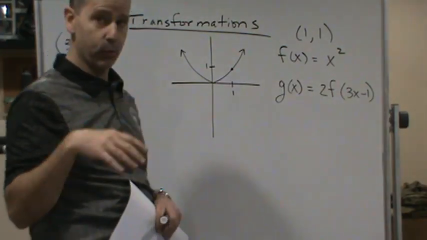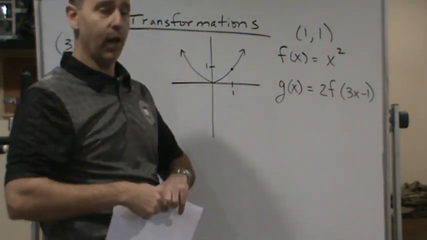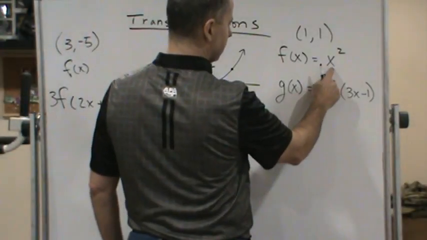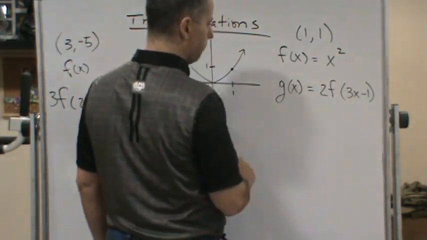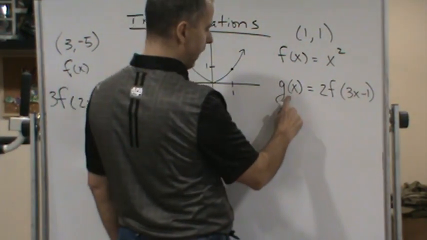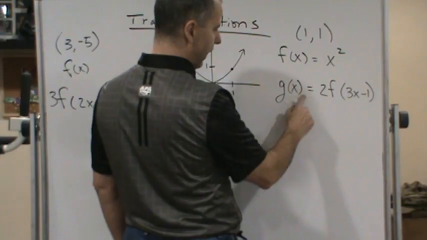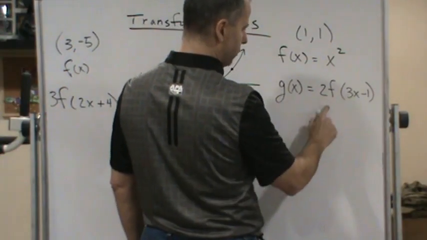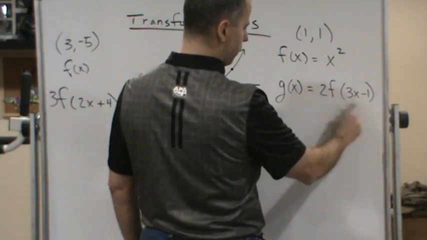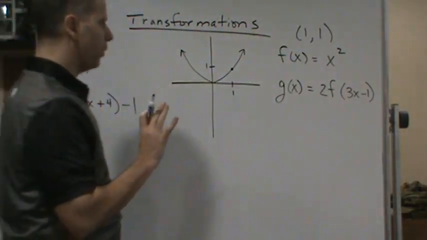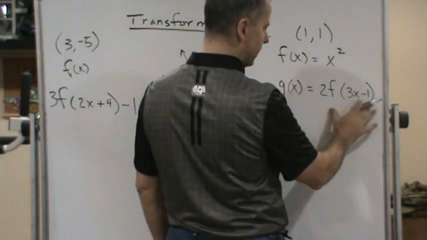And so to help you visualize and understand what's going on, I just took a basic function f of x equal to x squared, and let's define a transformed function g of x equal to this. So it's a transformation of f of x. Let's just focus on what's going on inside the function.